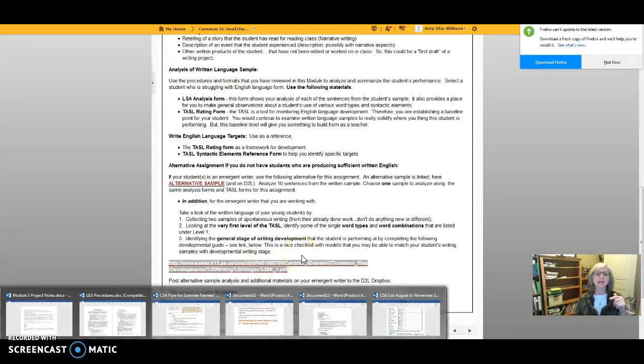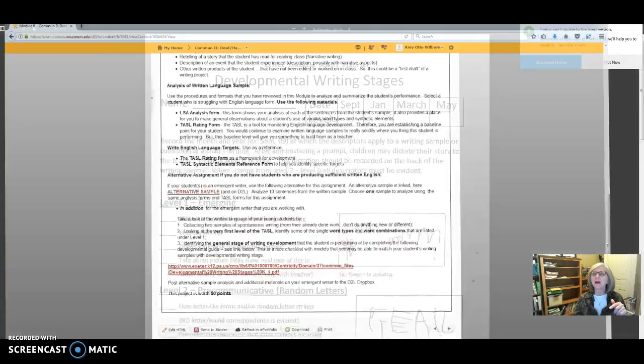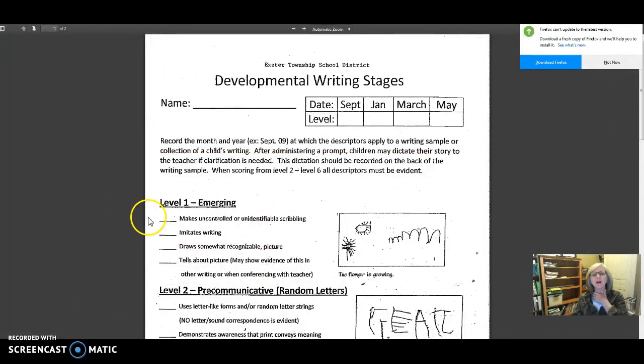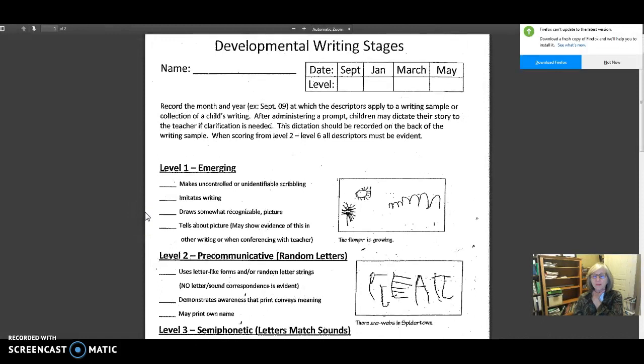actually gives us, let's see, I had it in my browser. Let's see if it's behind here. Here we go. So with very young children, hopefully you are working with them on drawing, talking about their drawings, beginning to make that connection between through-the-air communication and written communication.